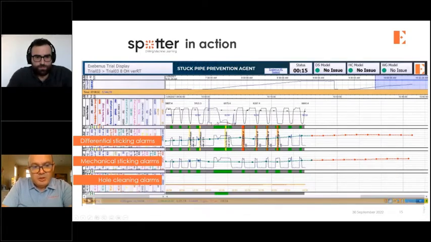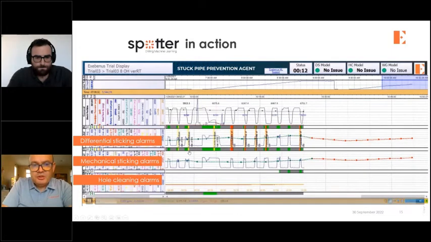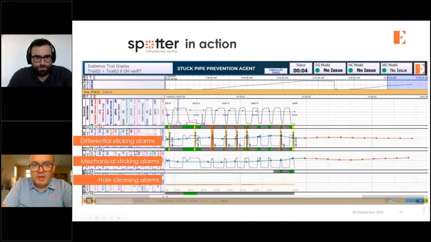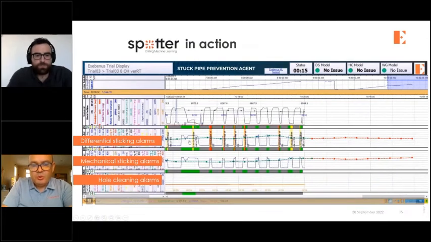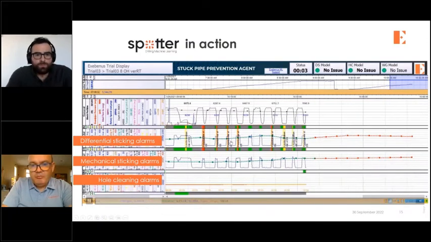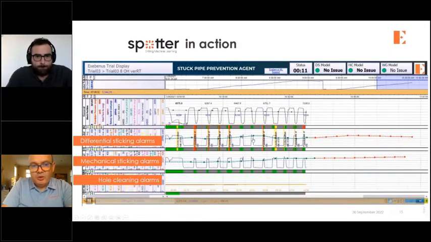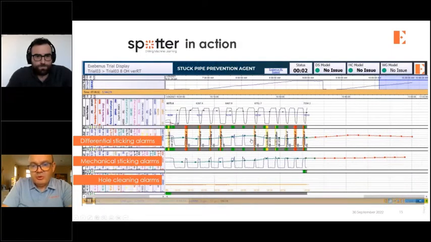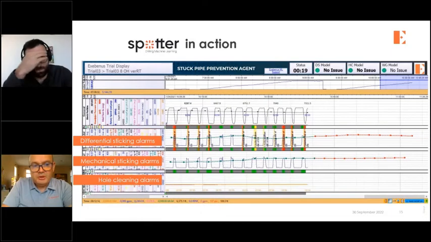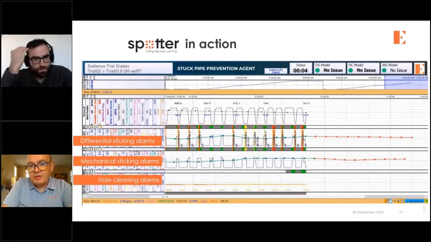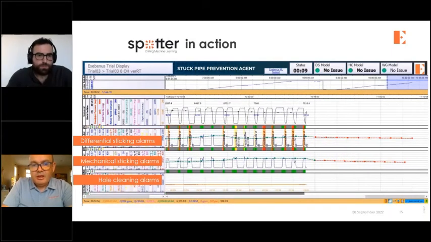So I'm going to play this video for you. It continued for about an hour, showing these warnings and alarms on differential sticking, clearly showing there are some issues with static friction as you drill.